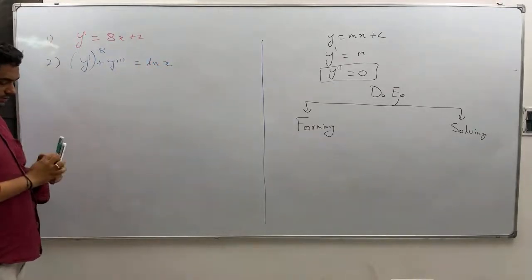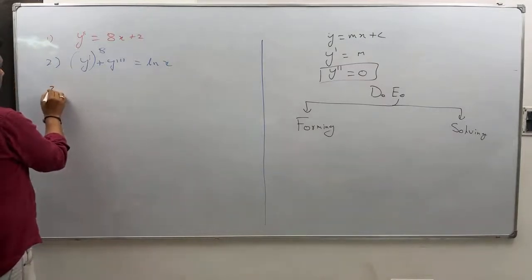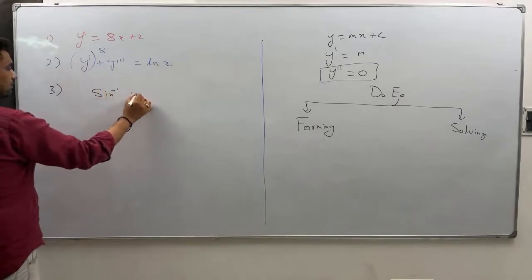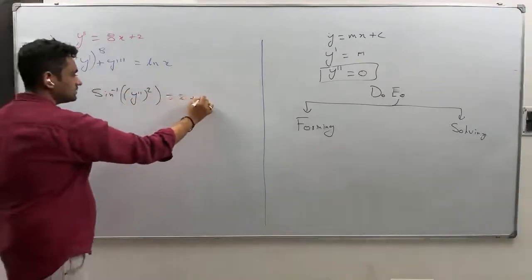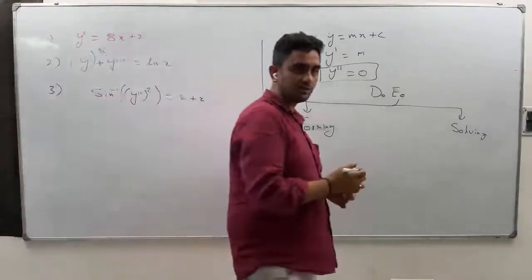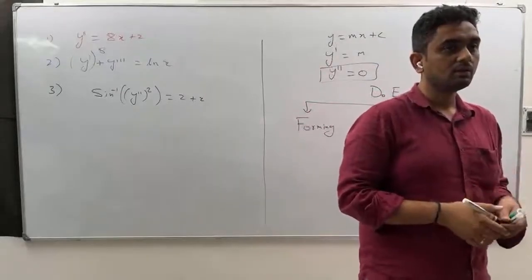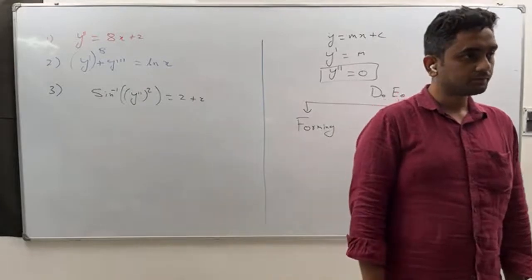Or let us write this one: sine inverse of y double dash, whole square, equal to 2 plus x. All these are differential equations because we have a derivative and we have an equation, right?